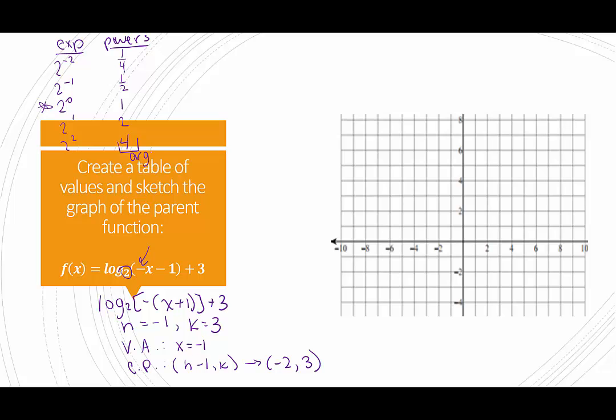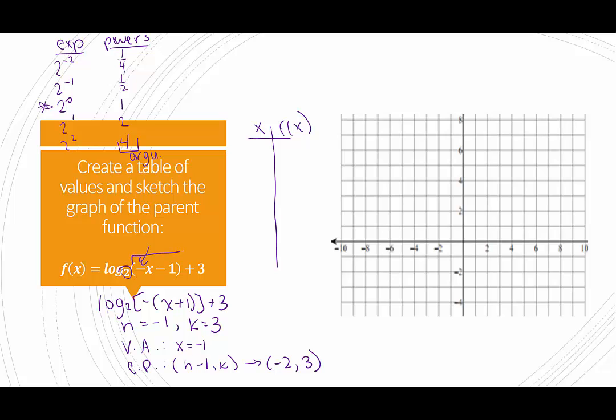So these are my dream arguments. This is what I want my arguments to be. So I need to figure out the value of x so that I can have those 5 values end up being my argument. So here's what we're going to do. I'm going to create my table of values. I'm not going to fill in anything just yet. What we're going to do is start with creating an argument of 1/4.